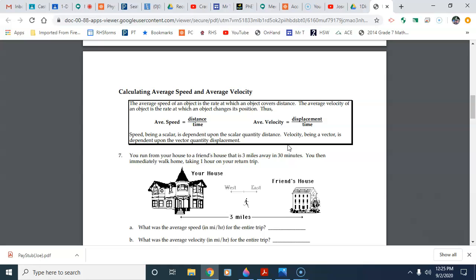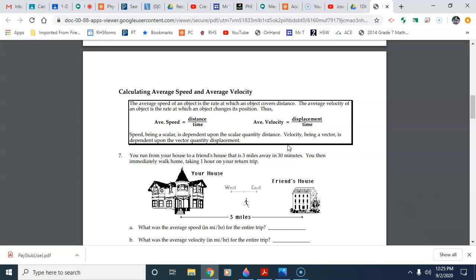So, if somebody asks you to calculate the average speed somebody is traveling from point A to point B, since speed is a scalar, we would use distance to calculate it because distance is a scalar. Make sense? All right? Since velocity is a vector, we would use displacement to calculate it since displacement is the corresponding vector.